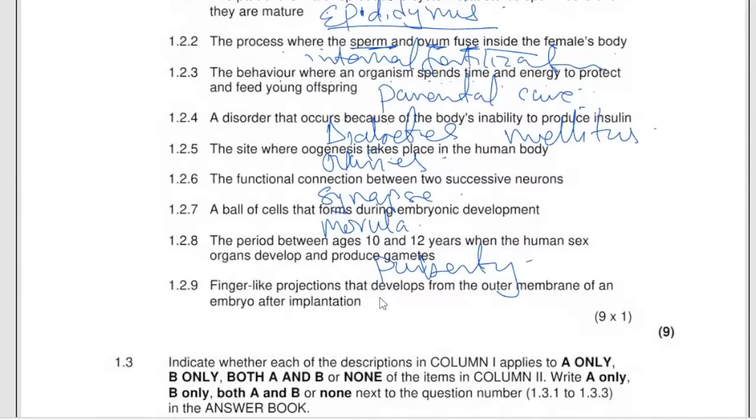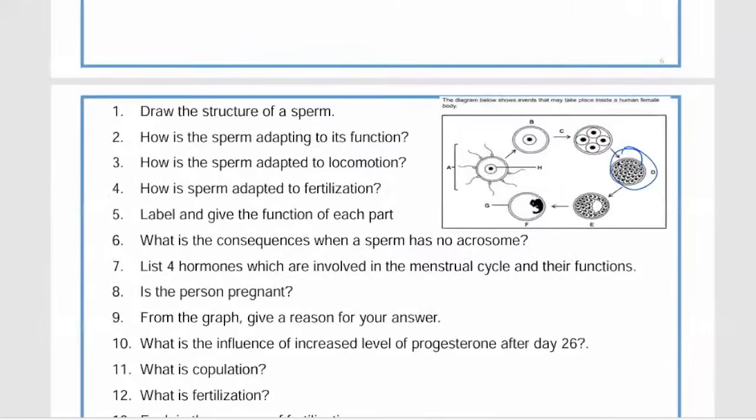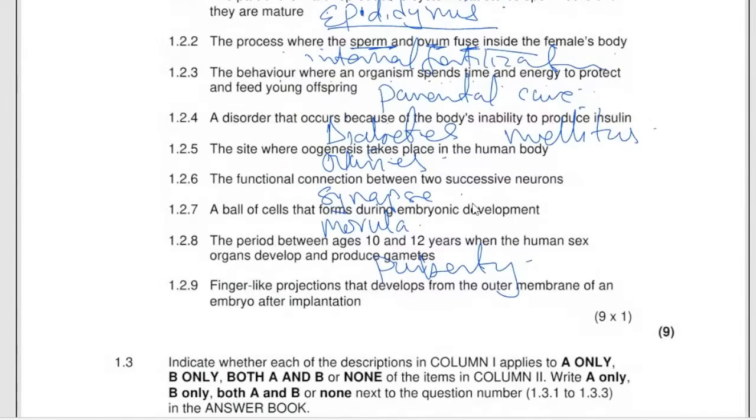A finger-like projection that develops from the outer membrane of an embryo after implantation. How do you call that layer, the outer layer? We say the outer layer is called the chorion.